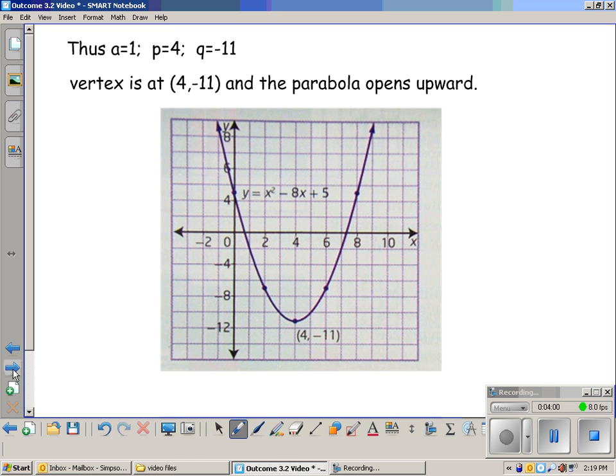We can do a quick sketch of what that graph looks like. Our vertex is located down at 4 and negative 11, so over 4, down negative 11. We can start there. We know that it opens up because our a value is 1.